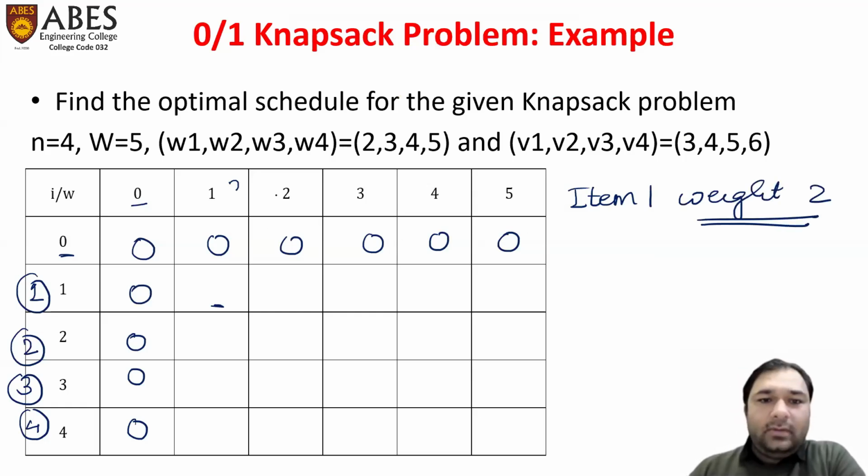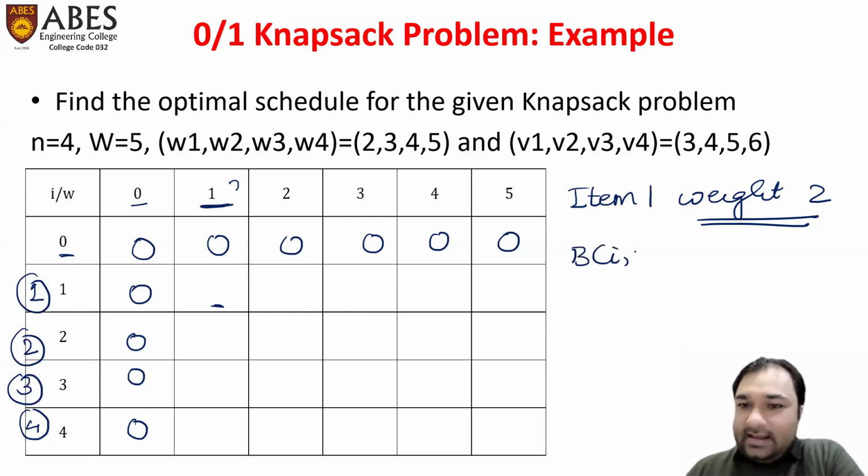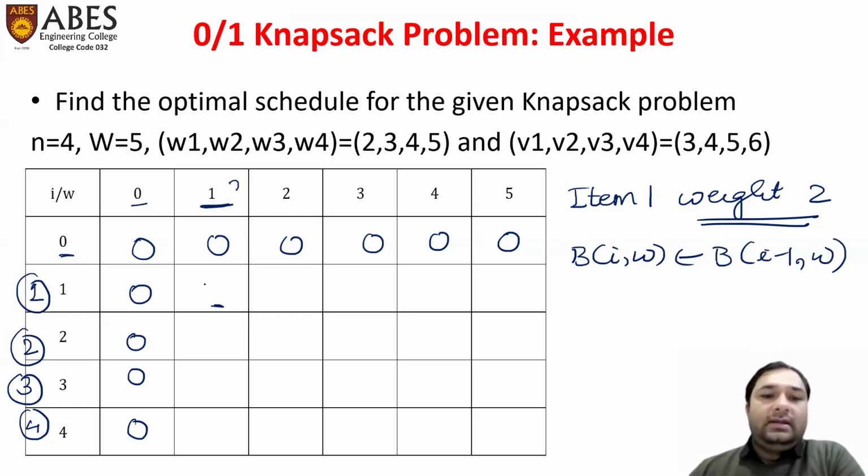So, what are the possibilities? If item 1 has a weight 2, what we are seeing here is the capacity is less than the item weight. If the capacity is less than the item weight, then what we are saying is B[i-1, W]. That is, we simply return this value here.